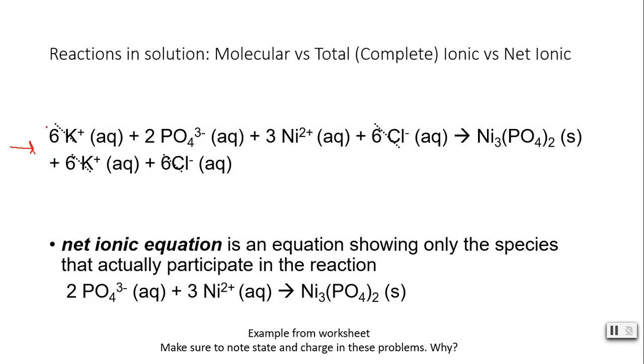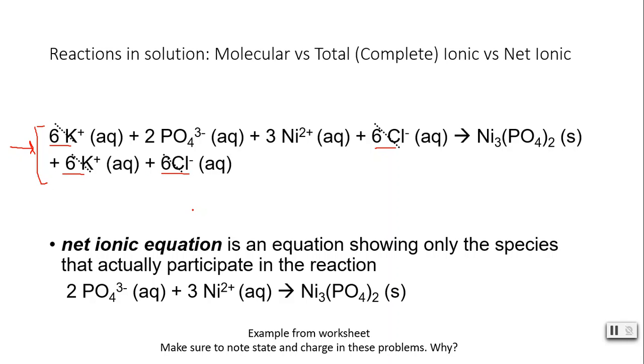So when looking at this total ionic equation, you see there's a lot of things going on, lots of ions around. But you can, I'm sure, see that some ions that are on the reactant side, like the potassiums and the chlorides, those same ions are also on the product side.